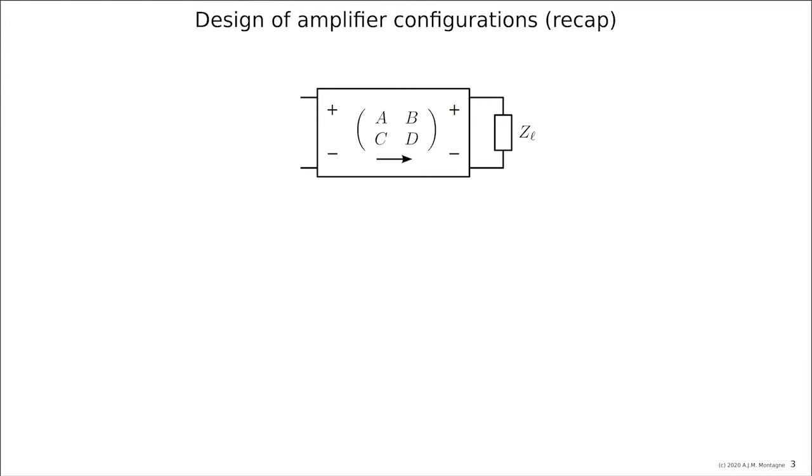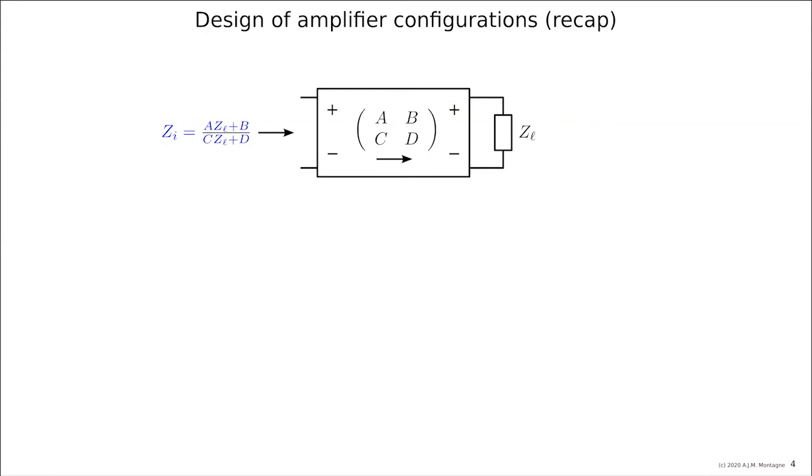If we do so, we can write, for example, the input impedance as a function of the transmission one matrix parameters A, B, C, D, and the load impedance. The importance of this is that we can find from these values how to design for A, B, C, and D. So it is not the intention to calculate it in this way, but this expression gives us information about how to design.